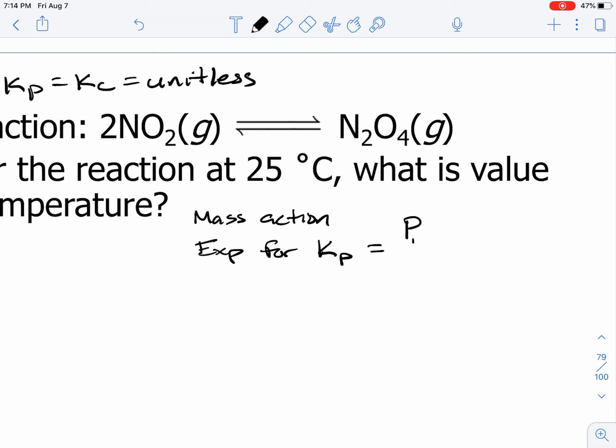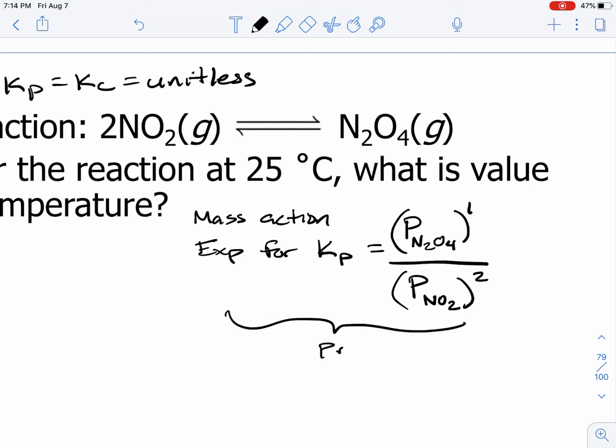So the product is going to be N2O4, dinitrogen tetroxide. And in this case, this partial pressure is raised to the first power. Divide this by the partial pressure of nitrogen dioxide raised to the second power. So this is just for practice. It really doesn't have anything to do with the problem.